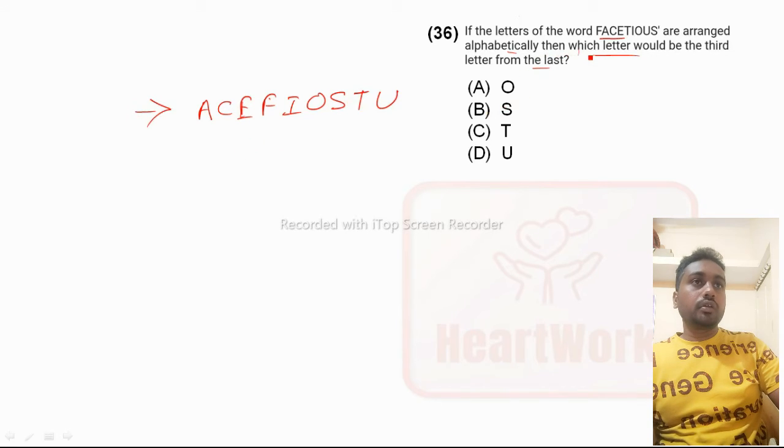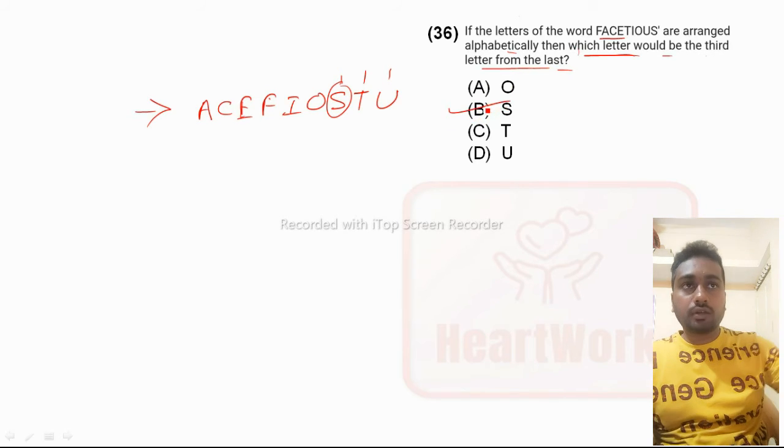Now in the question, which letter would be the third letter from the last? From the last, which letter is coming? Third: 1, 2 and 3. So S is coming third from the last. So option B is the right answer.